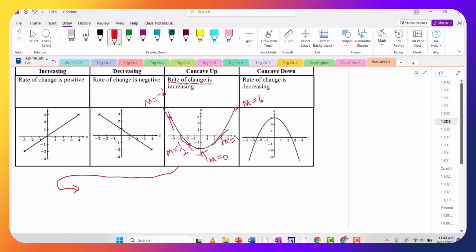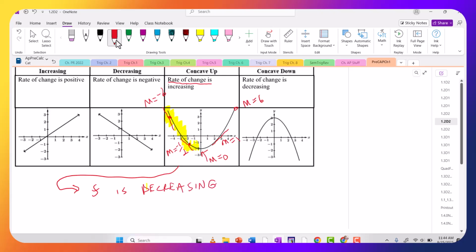This is saying then, if I call this F, F is in this moment right here. What's F doing? Is it going up or down? F, the Y values, what are those doing? When I read this left to right, what's my hand doing? Going down. So F is decreasing, because the Y's are decreasing.